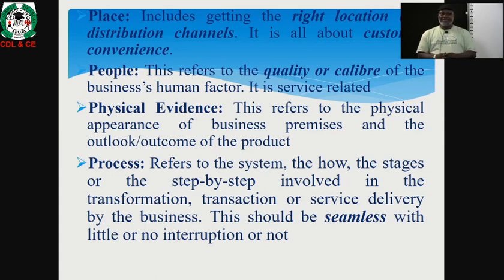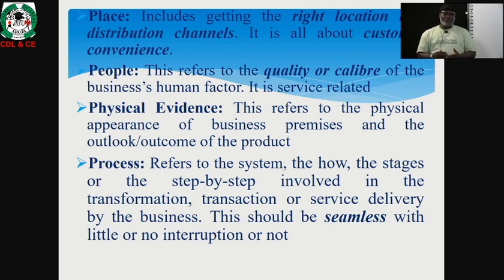Another very significant element of the marketing mix that is strategic and should be adopted or should be focused on by the business in deciding on their marketing function is the process. The process refers to the production system, the marketing system, the how, the stages involved in carrying out operations or transactions.